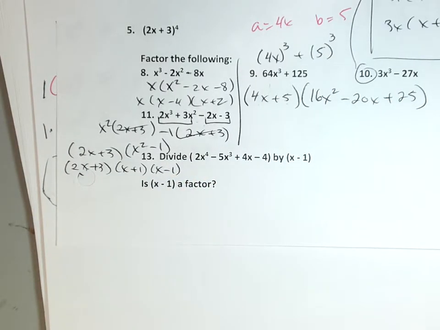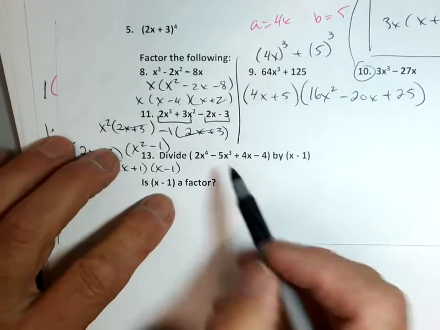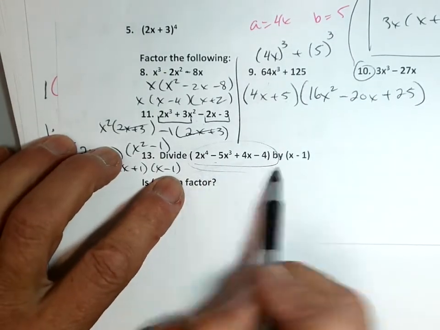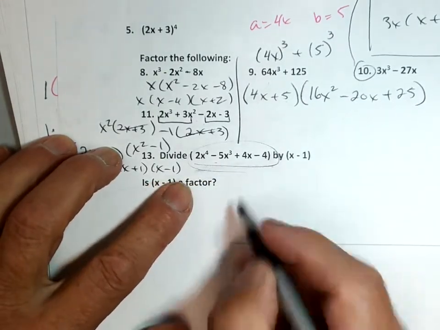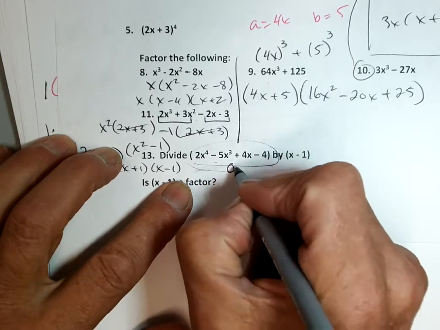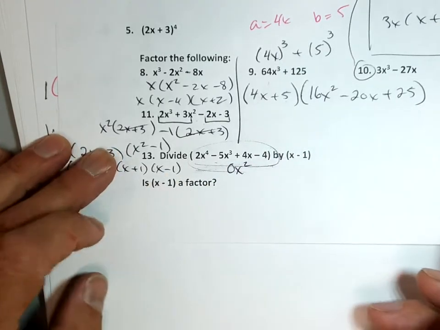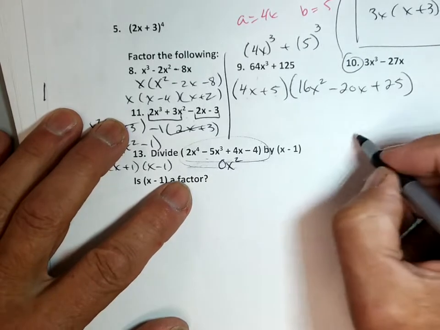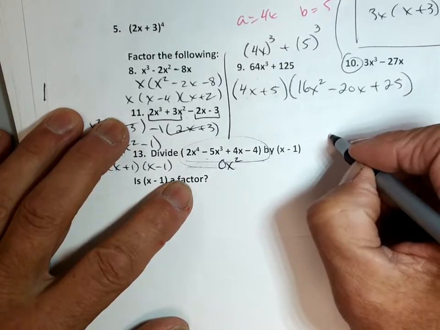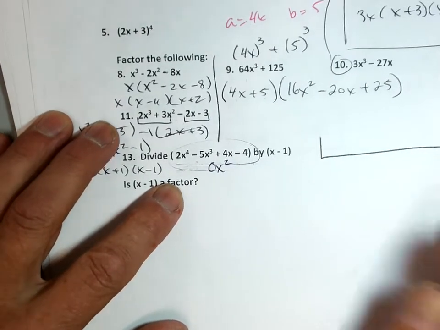13, easy, synthetic division, right? Synthetic division, but I got to be careful because I'm missing a term. Before I divide and write it down, what term am I missing? I'm missing the square term, so I'm going to sneak in a 0x squared. You guys okay with that? So synthetic division, okay, so you ready? We're going to go upside down, right?